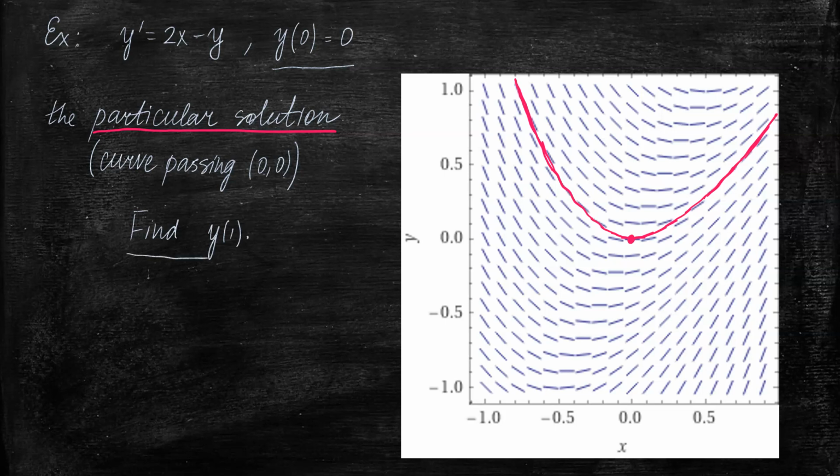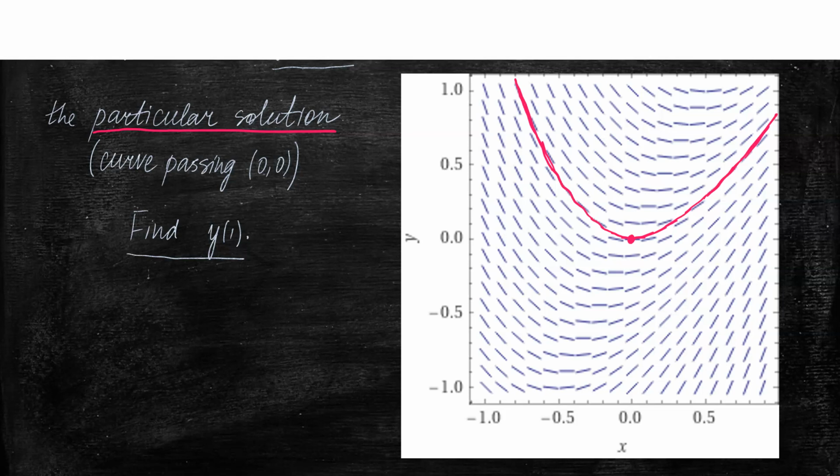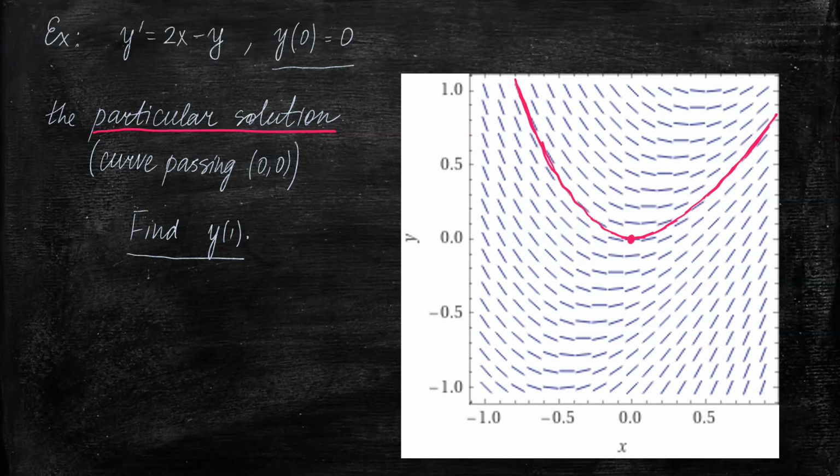So using this slope field, we can try and estimate y of 1 by simply finding x equals 1 on the x-axis, and then finding the corresponding y value.